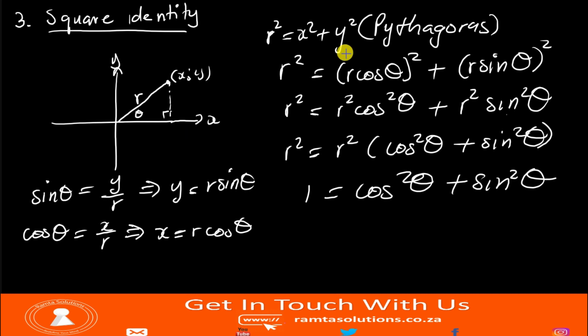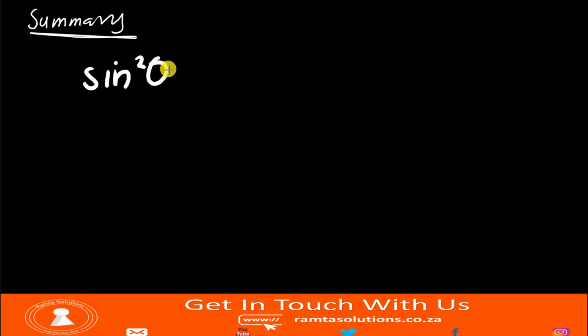Alright, so let's summarize. We will say sine squared theta plus cos squared theta is equal to 1.